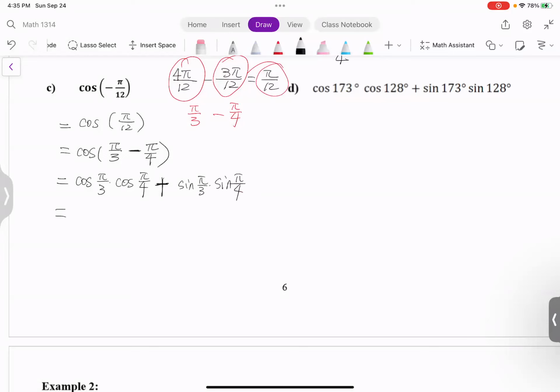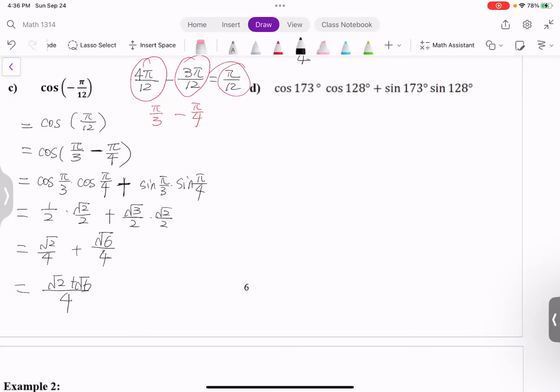Cosine pi over 3 is 1/2, cosine pi over 4 is square root of 2 over 2, plus sine pi over 3, square root of 3 over 2, and sine pi over 4, square root of 2 over 2. We have square root of 2 over 4 plus square root of 6 over 4. On the top, we have square root of 2 plus square root of 6, over 4. Okay, we're done.